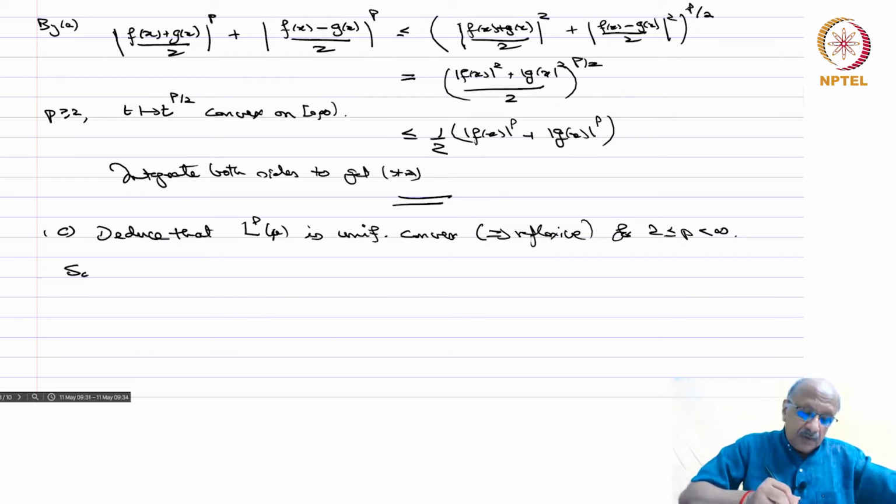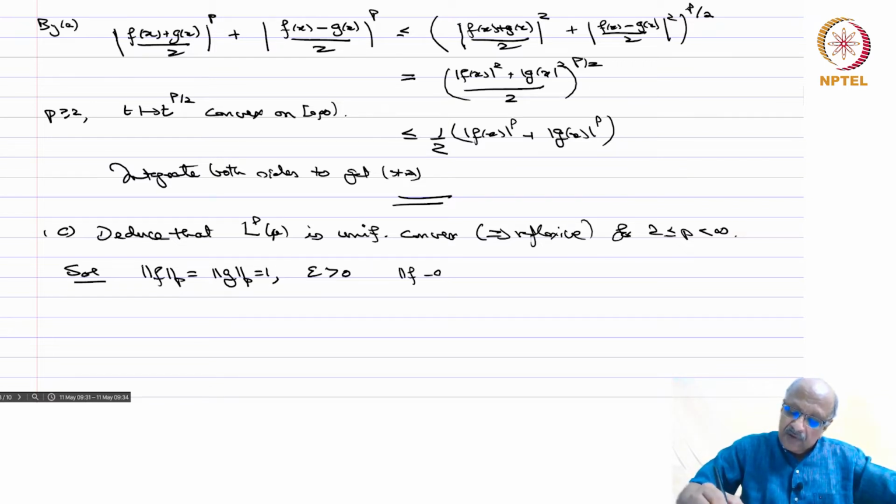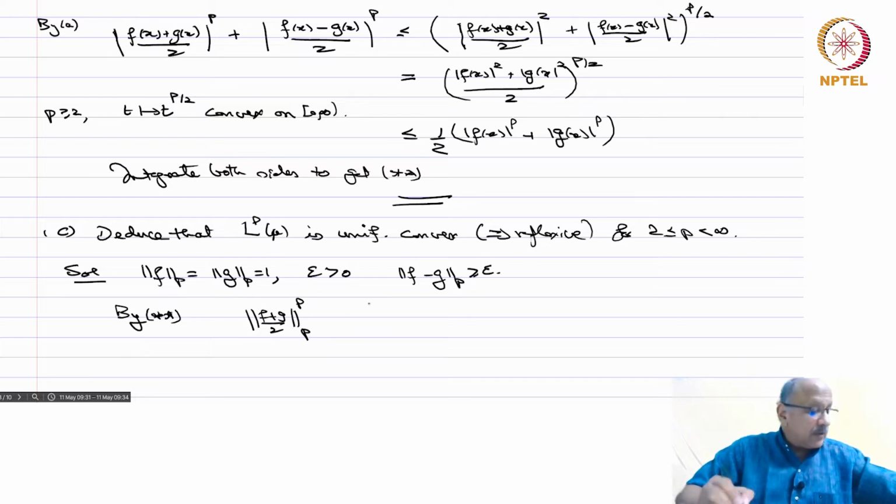So, solution: norm f_p = norm g_p = 1 and epsilon greater than 0, norm of f minus g_p bigger than or equal to epsilon. Then by double star, by Clarkson's inequality, you have (norm of (f plus g) by 2, p) whole power p is less than or equal to 1/2 of norm f_p plus norm g_p.